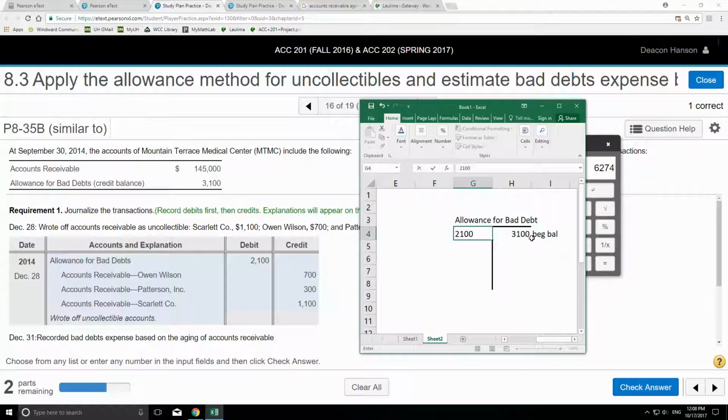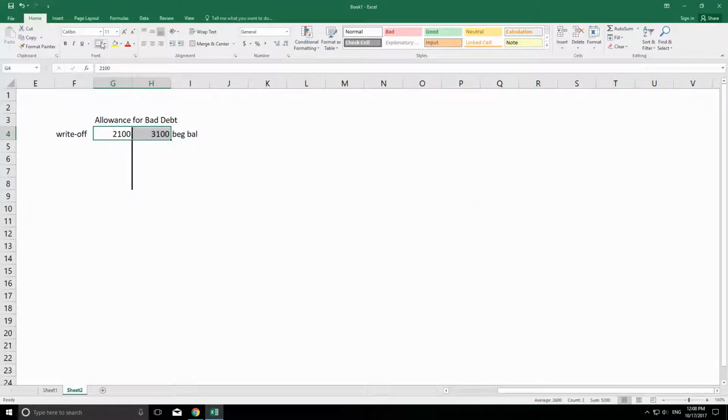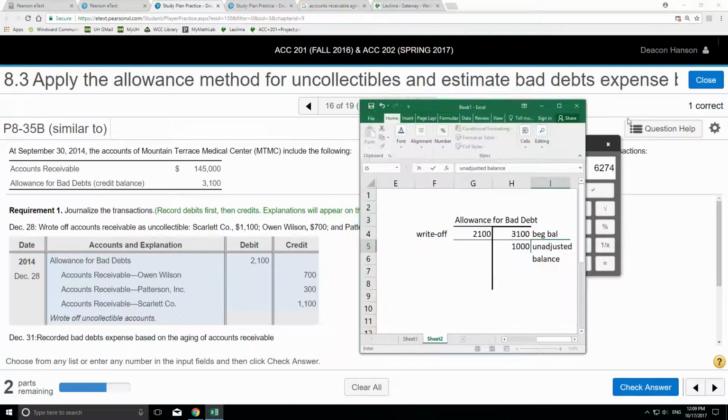So you got 2,100, this is the write-off. We wrote off 3 receivables. So your balance before any adjustment would be 3,100 minus 2,100. This is the unadjusted balance. And then we did some figuring, right?